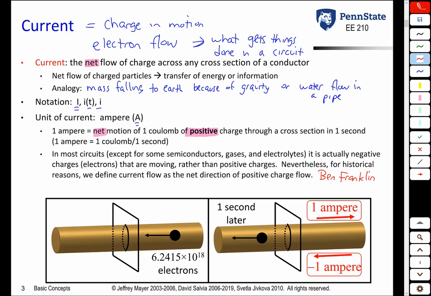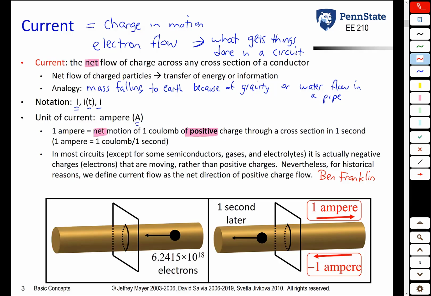He is the one that decided the current is going to be the net flow of positive charge. There's nothing magical about calling electrons negative charges and protons positive charges. There's nothing magical about calling current the flow of positive charges. However, that was what was established centuries ago, and so that is what we are stuck with now.